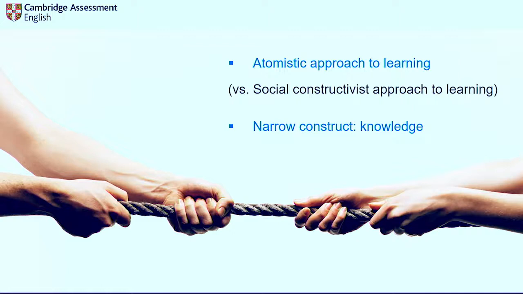Now, these digital products don't really give examples of that. They're also based on a very narrow construct, which is that of knowledge. In this case, it was knowledge of vocabulary, maybe of grammar. In other examples, it might be knowledge of, let's say, historical facts, geographical facts. It might be knowledge of low-level mathematical functions. But it's not about knowledge and skills.